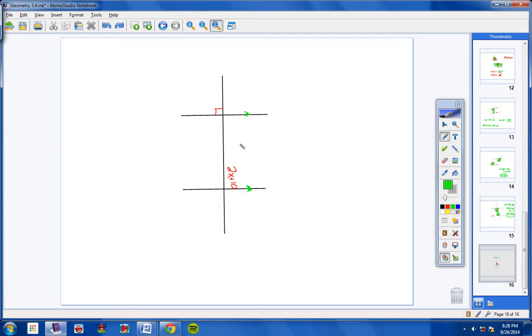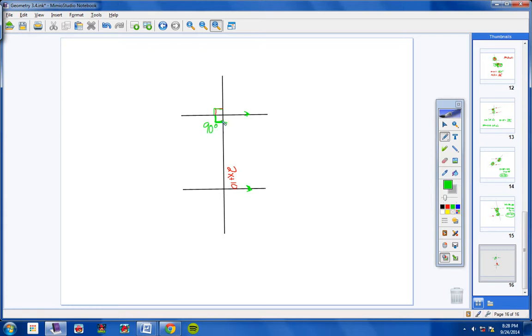Use previous knowledge. We know that when you have perpendicular lines like we do here, we learned that perpendicular lines form 4 right angles. So if I have a right angle here, then I also have a right angle here. And if I have a right angle here, that means this angle right here is what? 90 degrees.